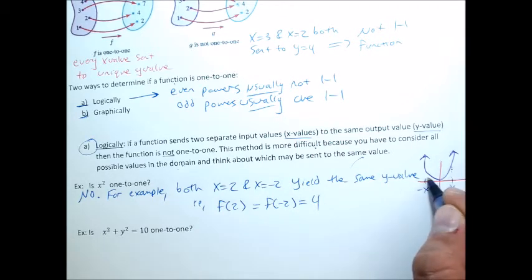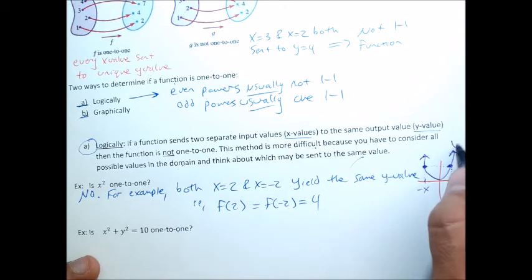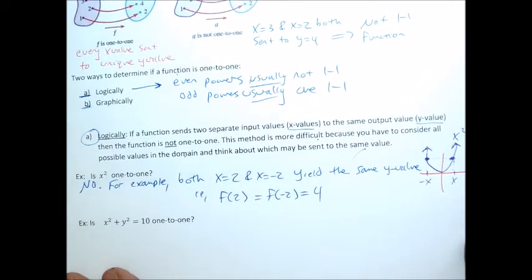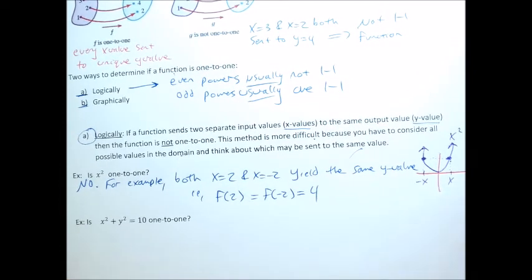They both get sent to the same y value. In other words, things that are symmetric with respect to the y-axis are not one-to-one. That's another way to say that.